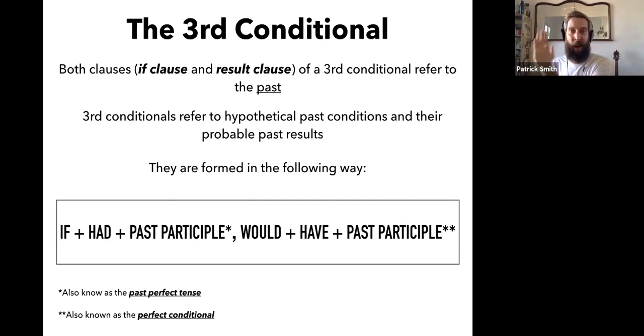Would, have, and a past participle. So that's your habría ido, habría comido, habría vivido. Yeah, any past participle. Would, have, past participle. And as always, it's reversible. You know, habría ido si hubiera no sé qué. I would have gone if I had blah, blah, blah.